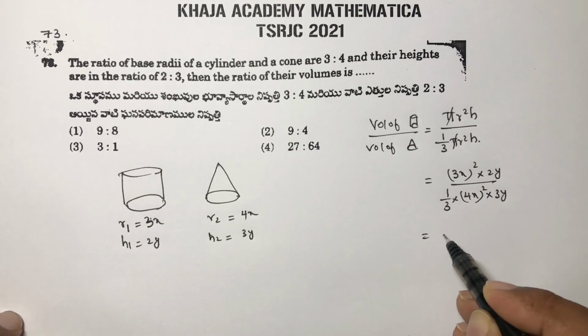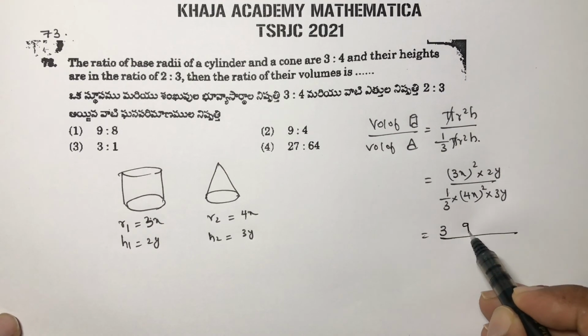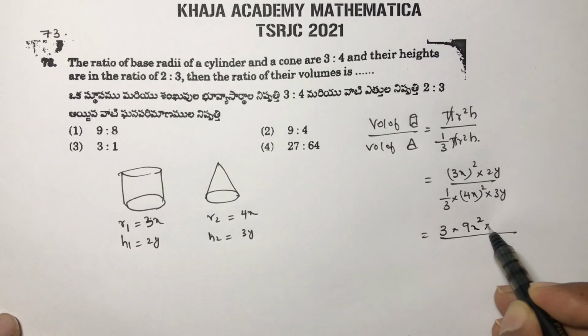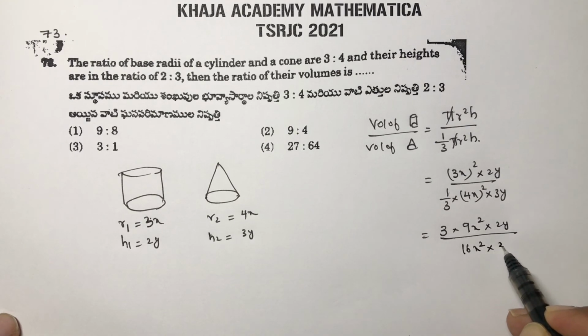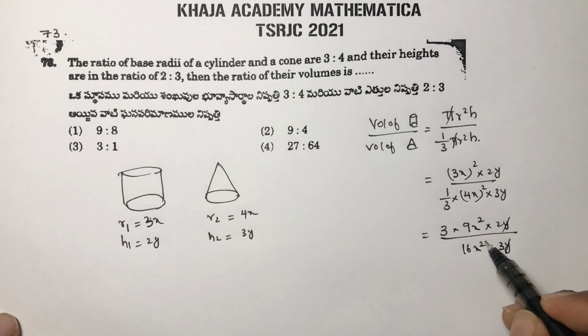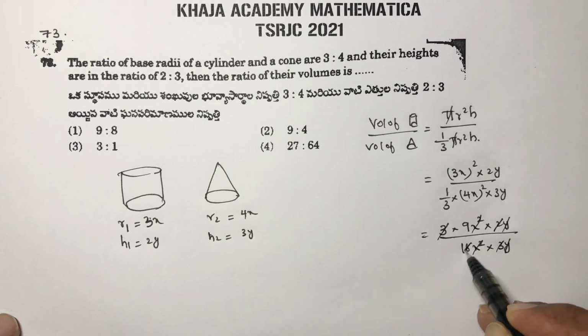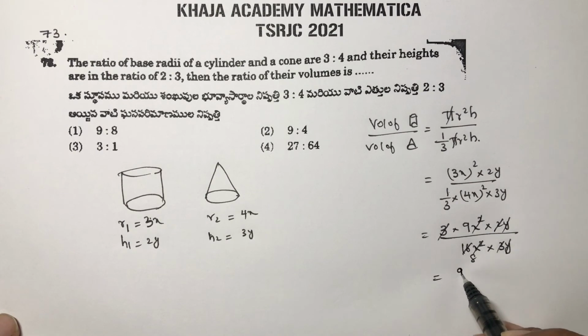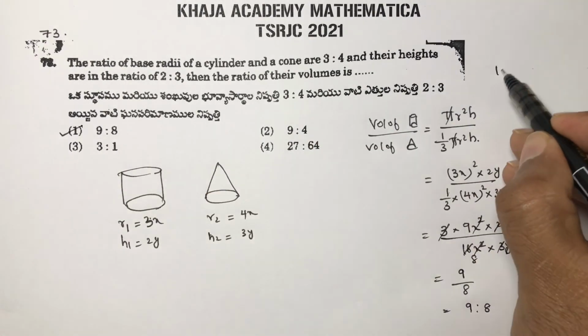The 3 will come to the top because it is 1 by 3 in the denominator. So 9x square into 2y, over 16x square into 3y. Cancelling y, x square, and 3, 2 times 1, 2 times 8, gives 9 by 8. So the ratio is 9:8. The correct option is 1.